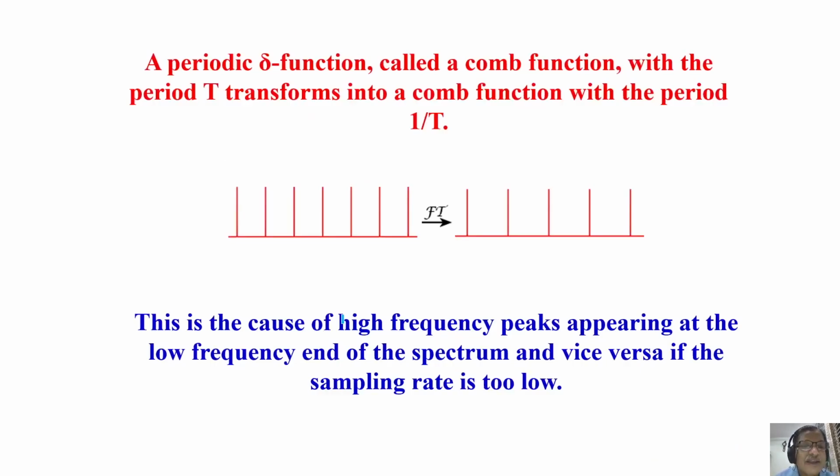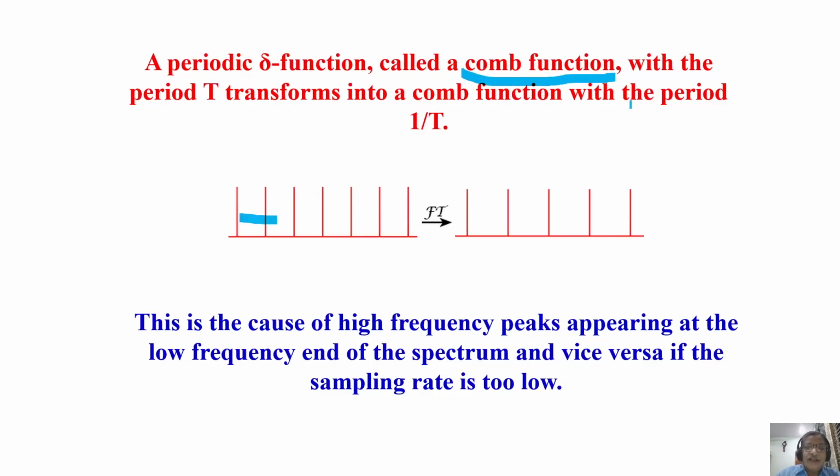We also come across what is called a periodic delta function. What is a delta function? It has no width and infinite intensity at a particular frequency, 0, and its value is 0 at any point outside of that. Many such periodic delta functions make up a comb function, and how often it repeats is given by t.